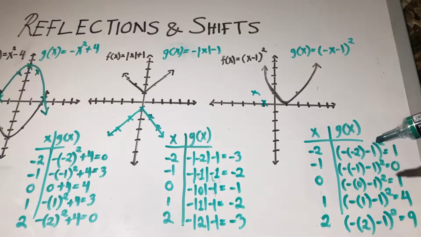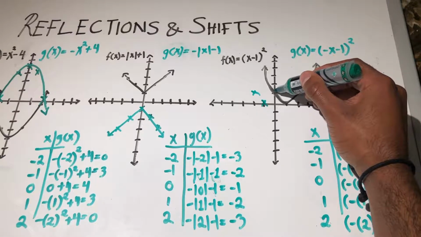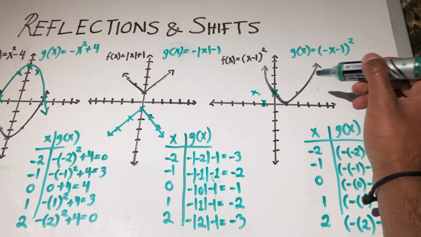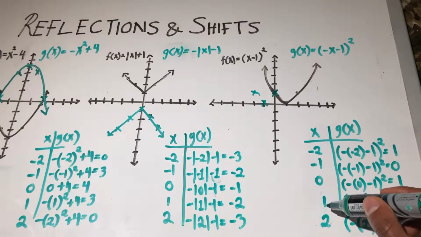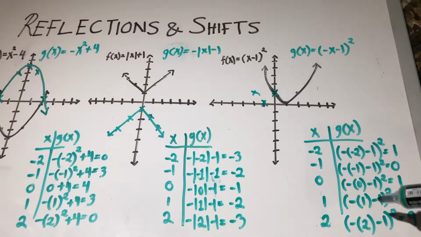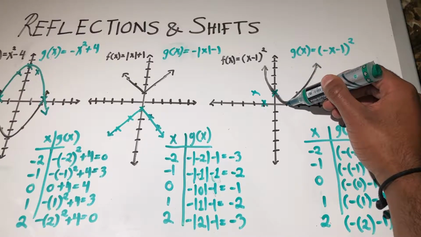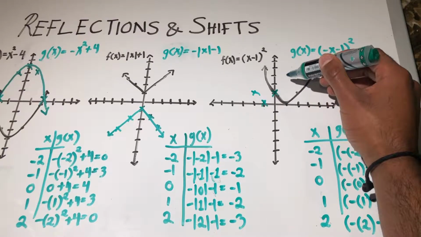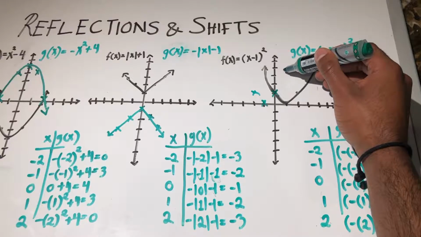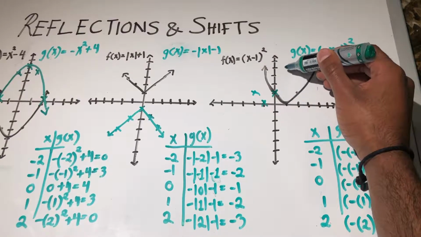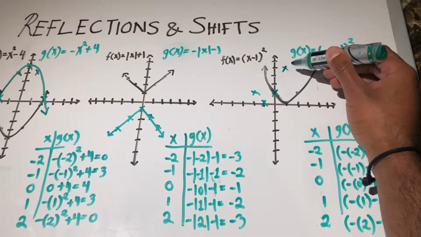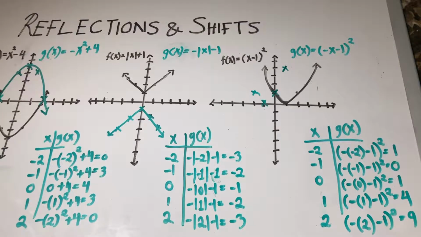We have 0 and 1, which is here. We have 1 and 4. So 1, then 1, 2, 3, 4 units up. We have 2 and 9.